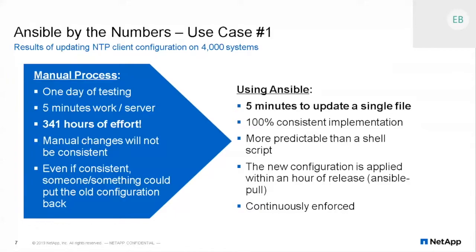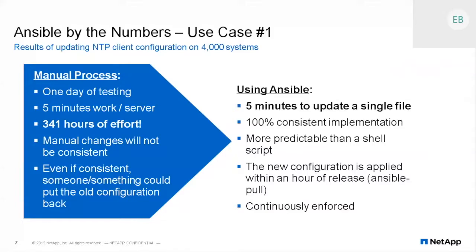Scripts are what they are. They're good, but they often leave gaps. And what we were able to do is take that very traditional operations manual-centric process and deliver it consistently and efficiently. If you break it down, we have about 4,000 machines, and with that being manual, that added up to something like 341 hours of effort.